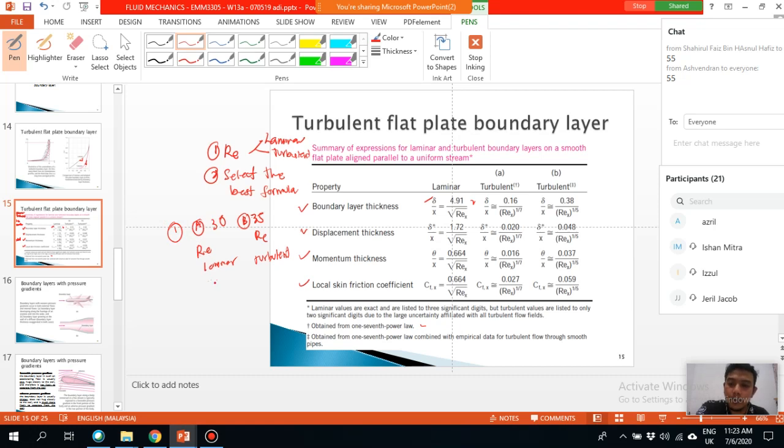So the A people will use the formula of, for example, displacement thickness of laminar, delta star laminar. The B people will use delta star of turbulent. At the end of the day, this is a different answer. For example, the correct answer is 30.